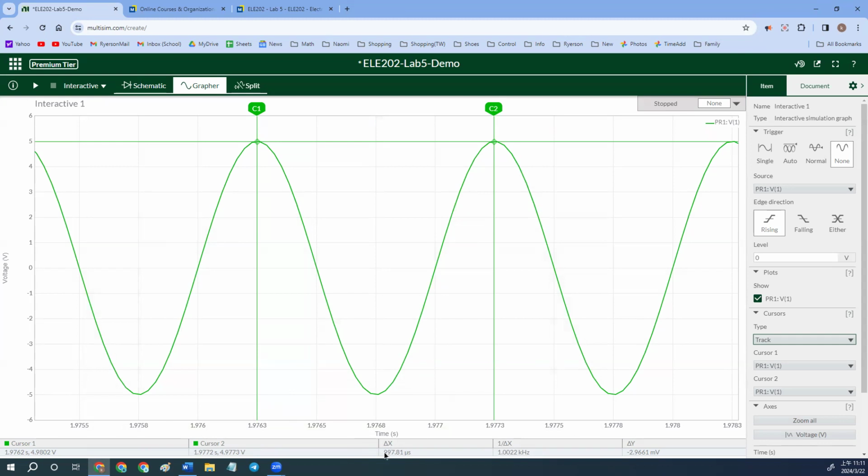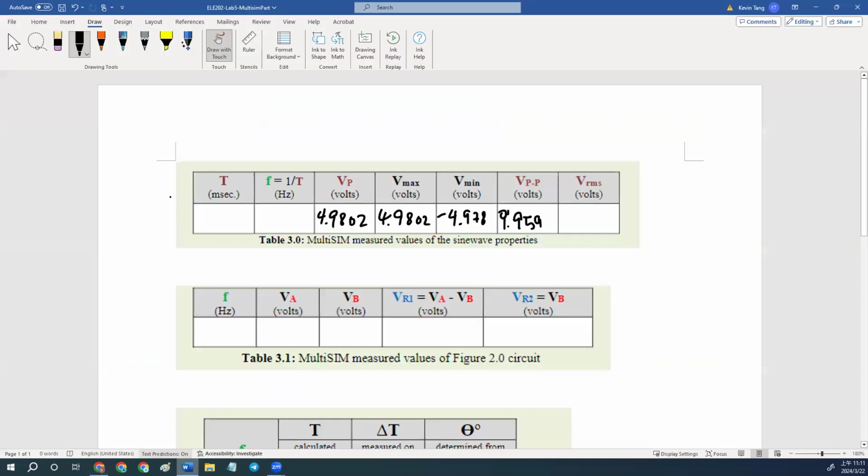You see delta x between cursor 1 and cursor 2 is 997.81 µs. The question asks you to do it in microseconds, so you just have to convert it. How to convert it is up to you.